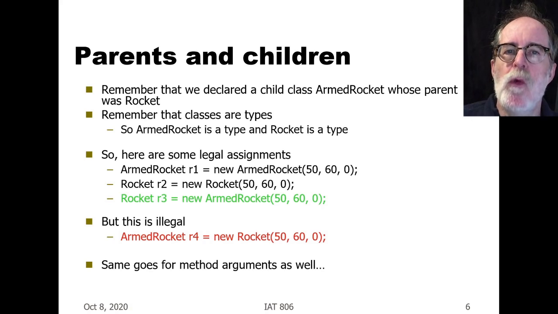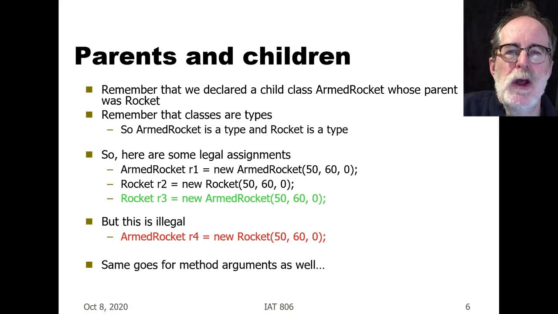The reason is that when you declare the variable ArmedRocket r4, that variable is expecting an ArmedRocket. If we assign a Rocket to that, there are some things that ArmedRocket has in it that Rocket doesn't have. How do we know that? Because ArmedRocket extends Rocket and it's got stuff in it, even if it just has a new constructor.